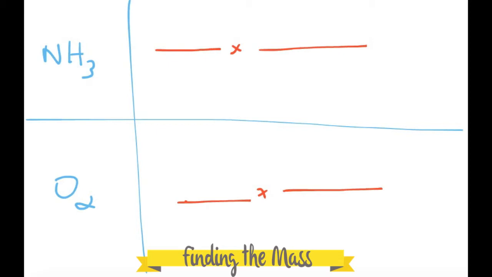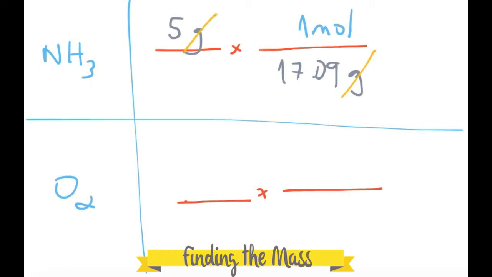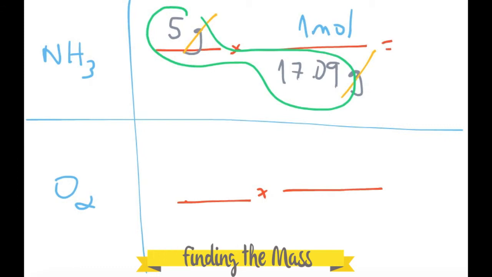If we have 5 grams of NH3 and the molar mass for NH3 is 17.09, like we found in the last slide, and we want to get 1 mole, all we have to do now is cancel out the units, grams, and as we can see here, we are going to divide 5 by 17.09. This is going to give us a total of 0.29 moles.